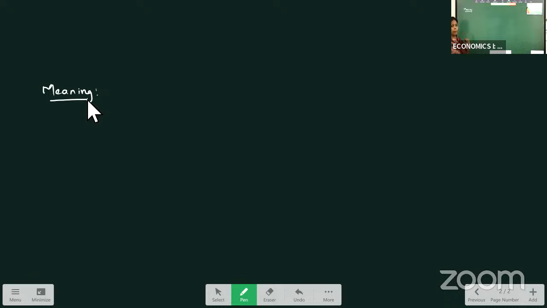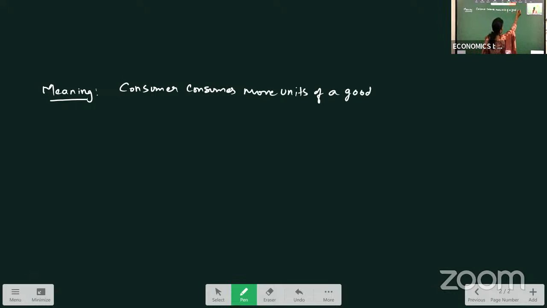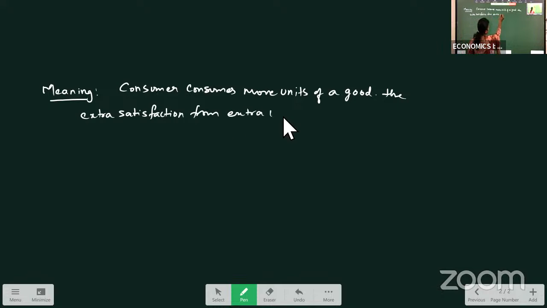When a consumer consumes more units of a good, the extra satisfaction from the extra unit decreases. That is what we have observed here.